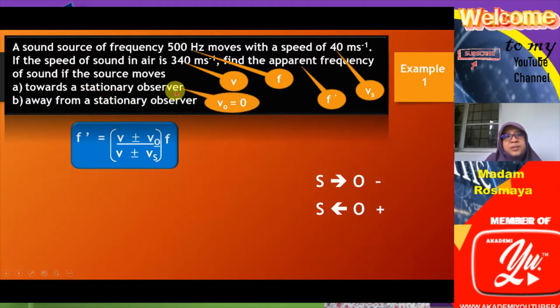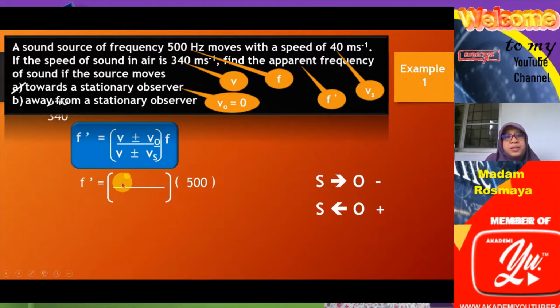A stationary observer means vo equals 0. For question A, the sound source moves towards a stationary observer. So f is 500 and the speed of sound is 340, and we substitute into the equation. Now we determine the sign for the observer and the source.